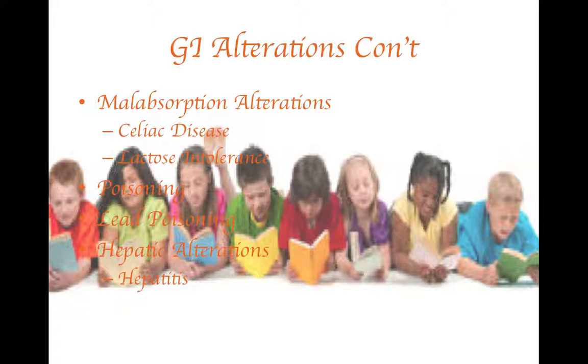Now we will go on to hepatic alterations, which talks a little bit about hepatitis. I'm not going to go into all of the hepatitis A, B, and C. I do want you to read over the incidents for those, but I also want you to look at the risk factors that are located in your nursing alerts on page 776, which talks about risk factors for hepatitis A and B. Also, pay close attention to box 23-3 that talks about poison prevention guidelines.